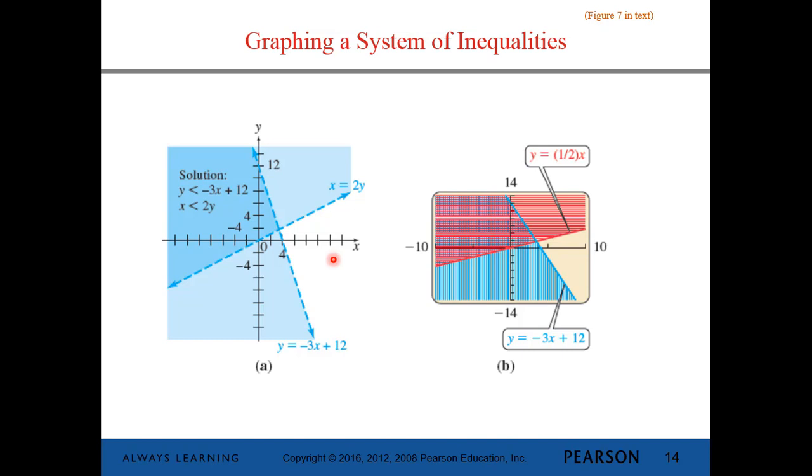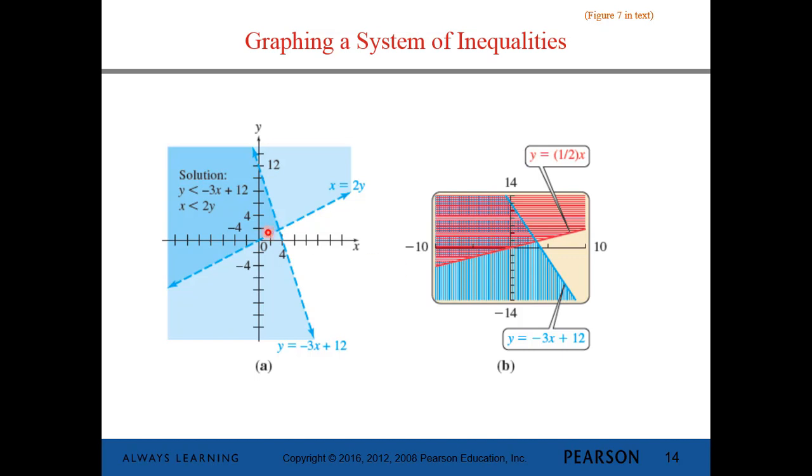Here's the way it works. How do we solve these? It's very similar to what we did before. You're going to use a test point, but we need to find the region where both of these are satisfied.